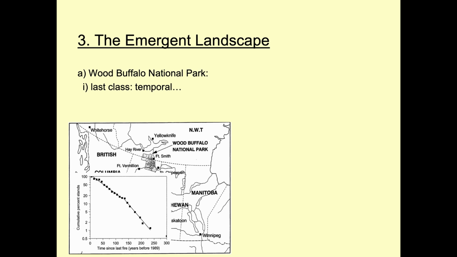So they realized that this is due to climate change, that after the Little Ice Age, there is more available water. When there's more available water, that frequency actually decreased. So we looked at this temporal study.